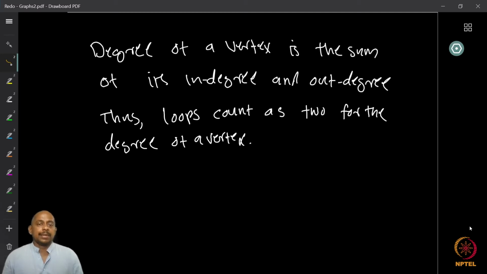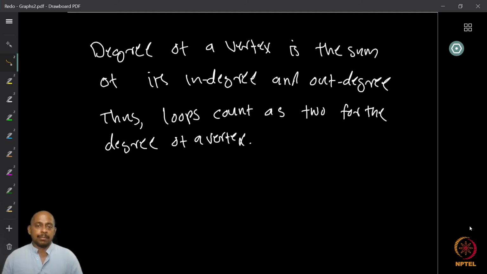Now, the degree of a vertex is the sum of the in degree and out degree, right? That is the number of edges which are actually incident to it. So you can also see this as the degree of the underlying graph where we discard the directions. If you see the arcs as edges rather than directed edges, then you'll get a multi-graph, where you allow multiple edges between a pair of vertices, and then you can see that it is basically the degree of the multi-graph.